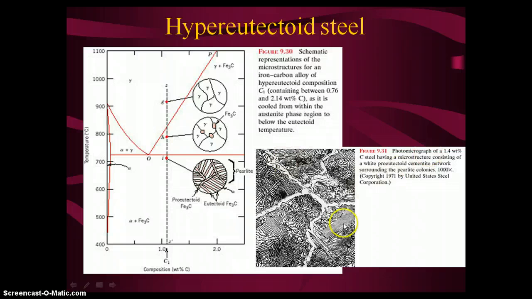This is a photomicrograph of the structure of 1.4 weight percentage carbon steel, consisting of a cementite network surrounding the pearlitic structure.